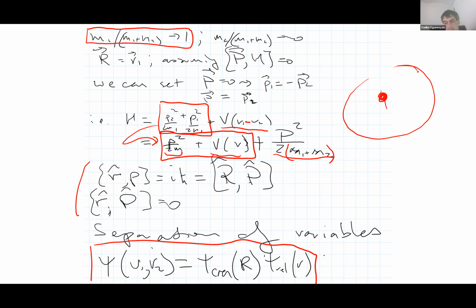Let me make a little remark here quantum mechanically, because we are interested in quantum mechanics. Quantum mechanically, this has an obvious consequence: if you think of the probability distributions in separable problems, they will look like a probability distribution of one component of the problem, in this case center of mass, times the other, because now I'm talking about squaring this.